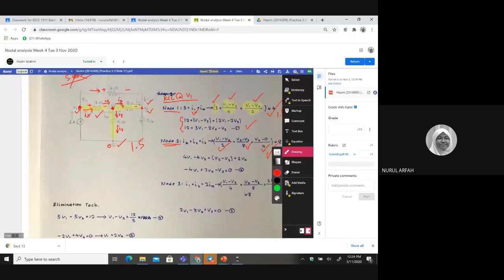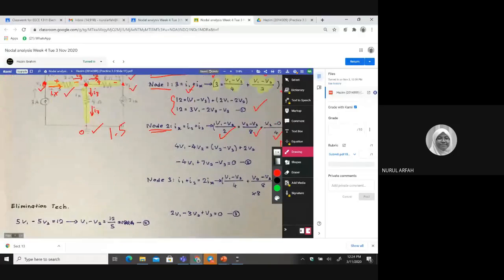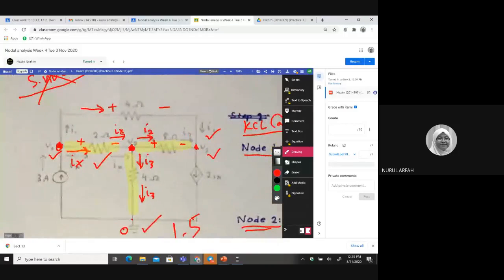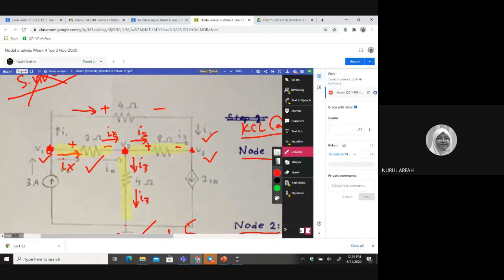Okay, node number 3. Node number 3 is a little bit different, but don't be afraid. So look back. How many branches are attached to V3? Can you figure out? 1 here already highlighted, and then 2.